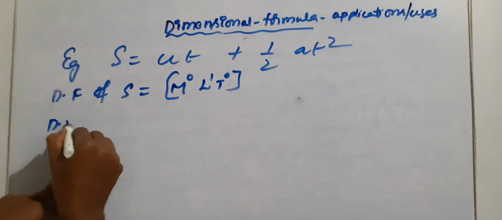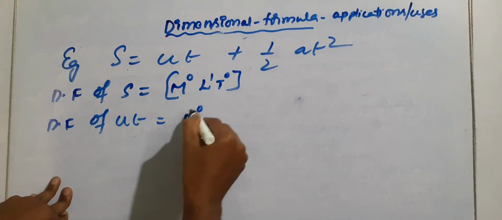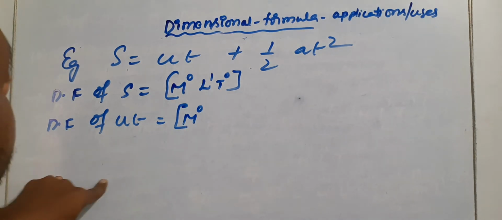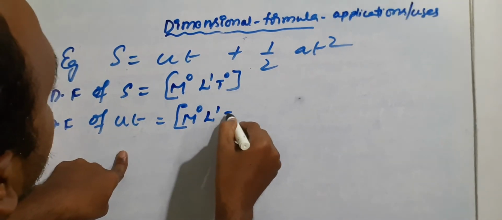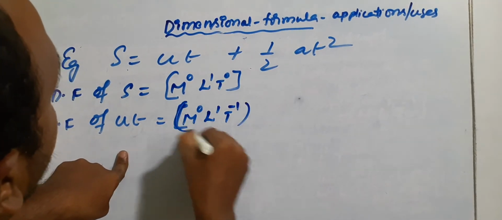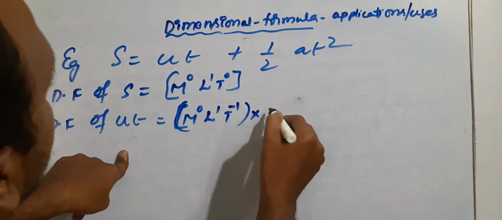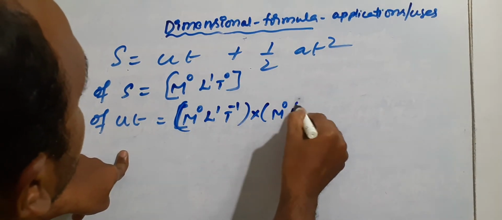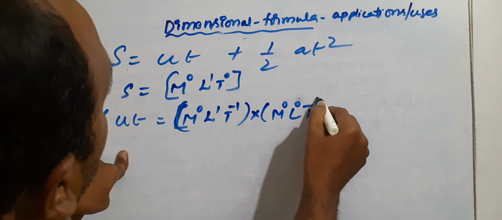Now the dimensional formula of ut. You know, in the previous example we explained that initial velocity is L power 1, T power minus 1, and the dimensional formula of t is M power 0, L power 0, T power 1.